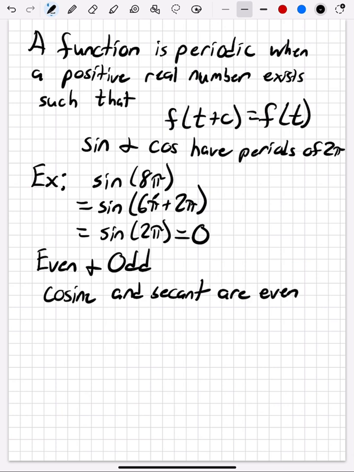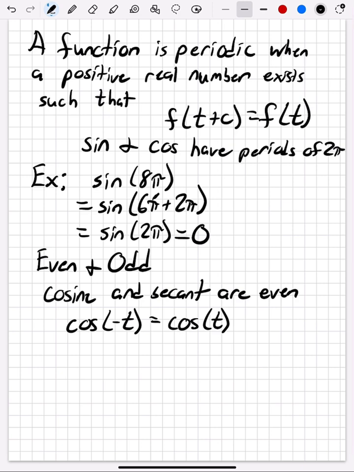That means that the cosine of negative t would always be equal to the cosine of t. You can do the same for secant. And I'll show you a more graphic understanding of that in just a moment.